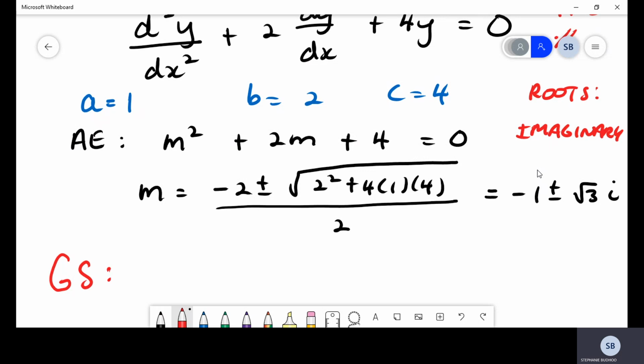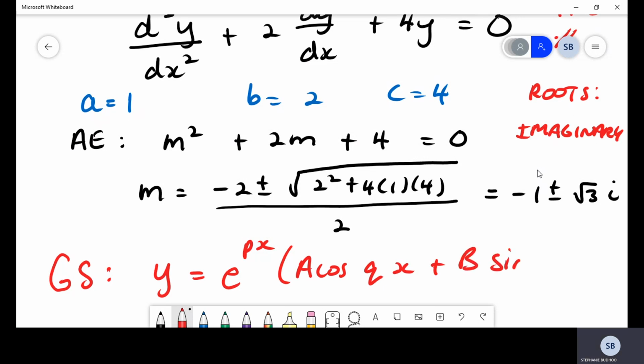And it goes like this: y = e^(px) (a cos qx + b sin qx). Now, where do the values of p and q come from?